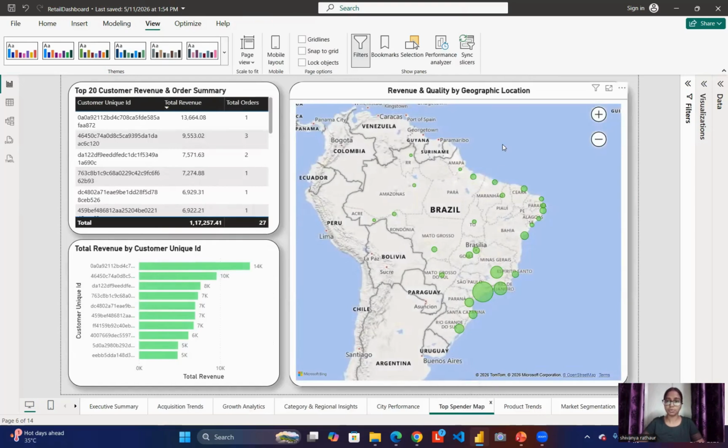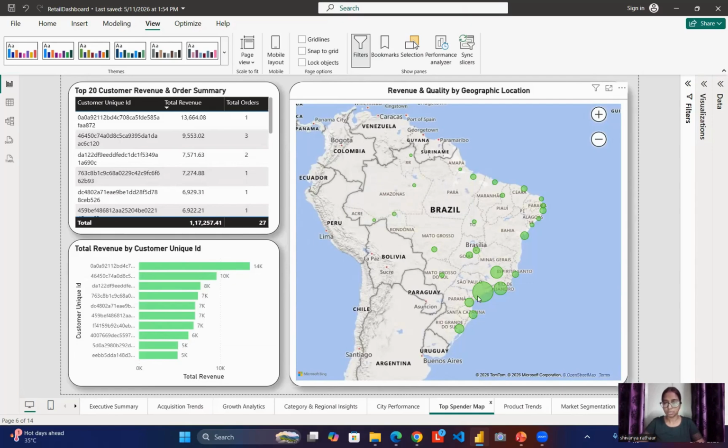In this page, we can understand the geographical location of our cities and states of Brazil. This green bubble shows the revenue, total orders, location, and average review score.